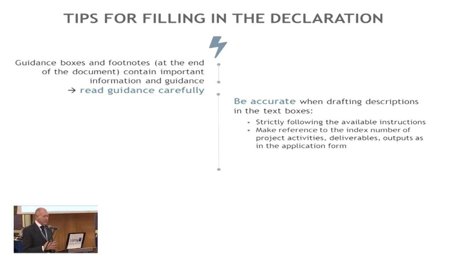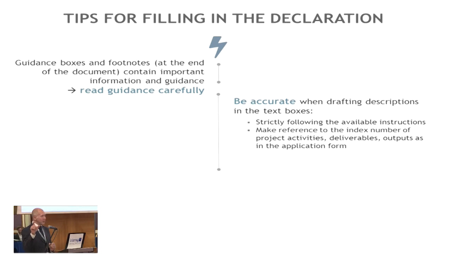Second, be accurate when drafting descriptions in the text boxes. If you consider, for example, you are performing an economic activity in the project, and then you are requested to describe which work package and which deliverable and which output you are considering as state aid relevant, please mention it.